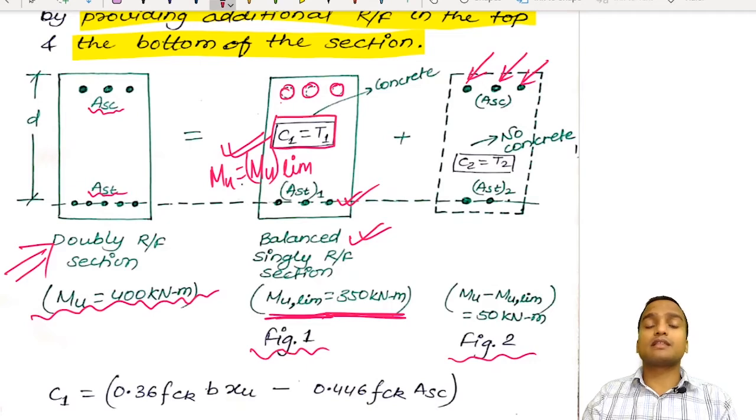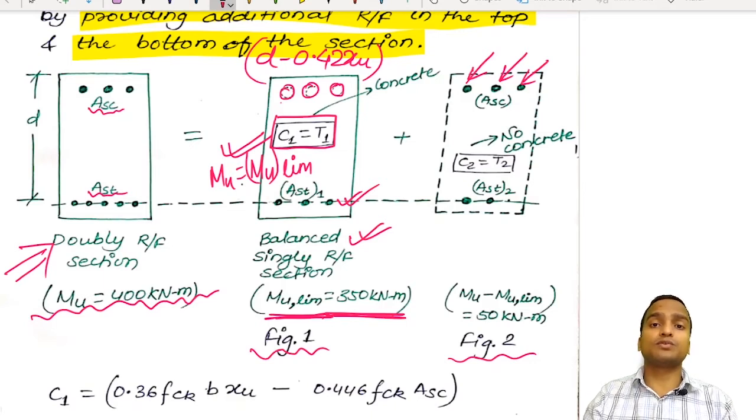The value of lever arm in figure 1 is equal to D minus 0.42 XU, and with the help of these parameters we can easily calculate the values of moment.